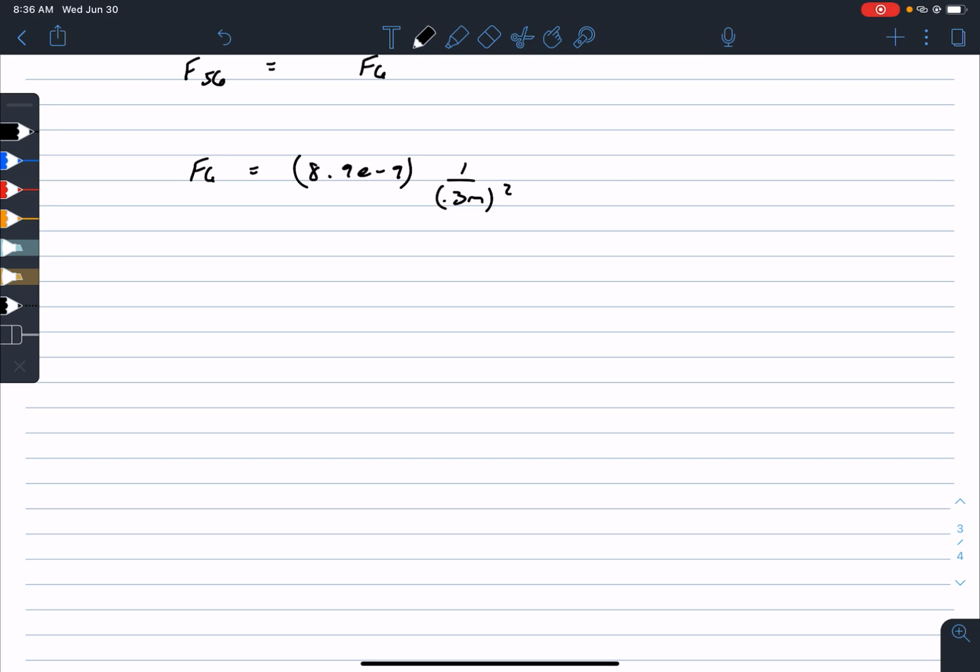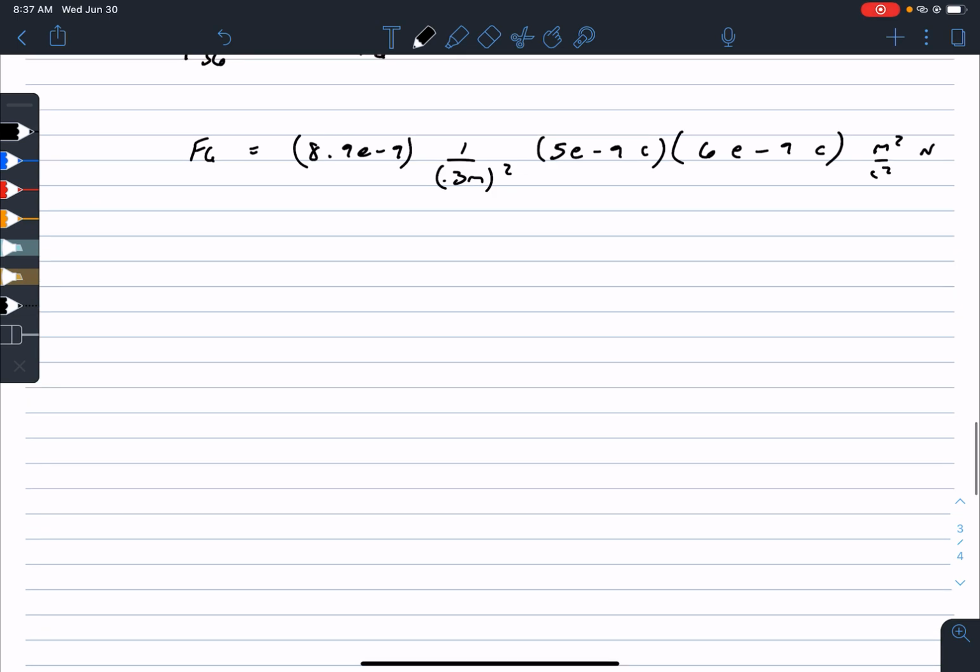This is our distance squared, right? We have our first charge, 5 nanocoulomb is 10 to the negative 9 coulombs. Coulomb times coulomb is coulomb squared, over meter squared. Those units go away. We're left with newtons, and this gives us a value of 3 times 10 to the negative 6 newtons.